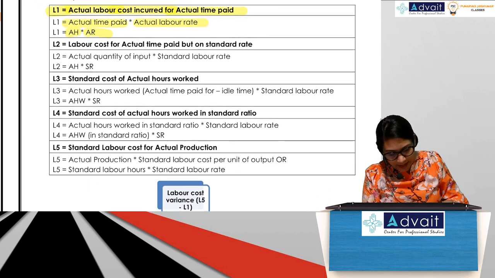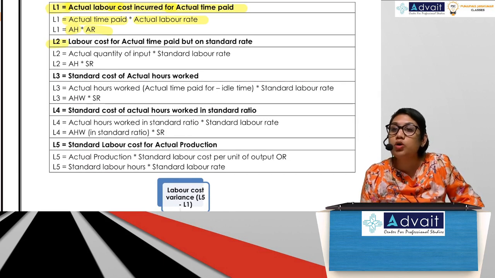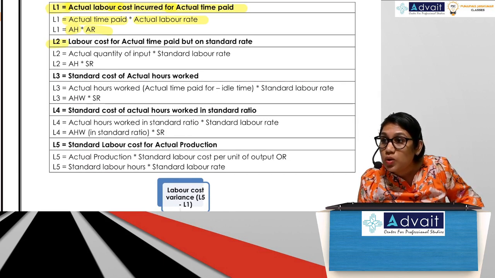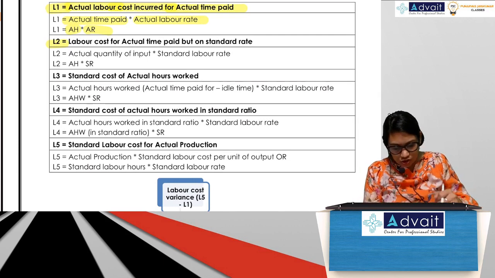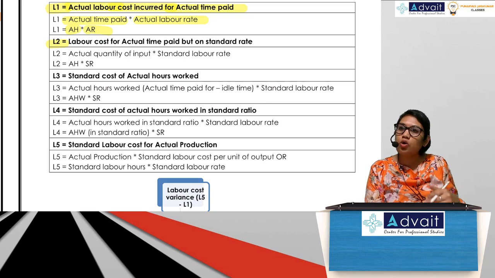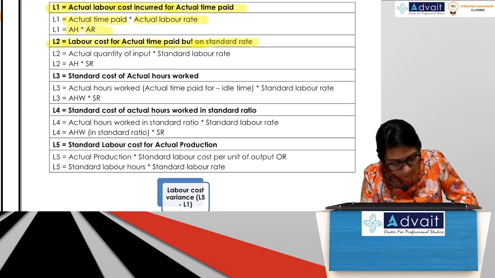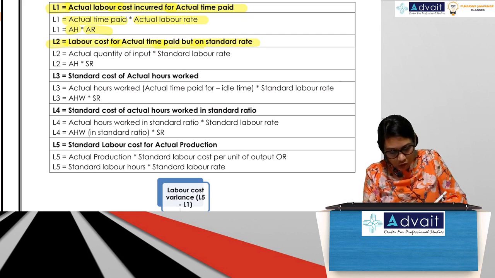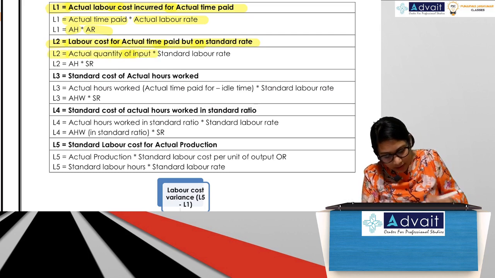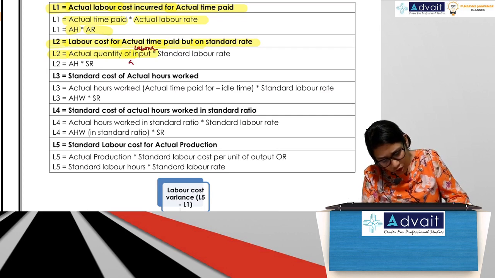Next, L2 is the same as M2. What is M2? AQ into SR. This is also the same thing. AQ will not come, AH will come into SR. So labor cost for actual time paid but on standard rate. Actually it is not quantity at all.